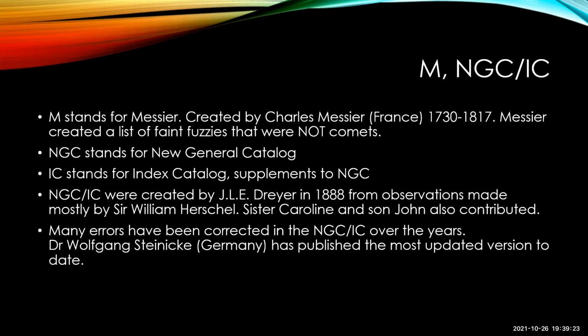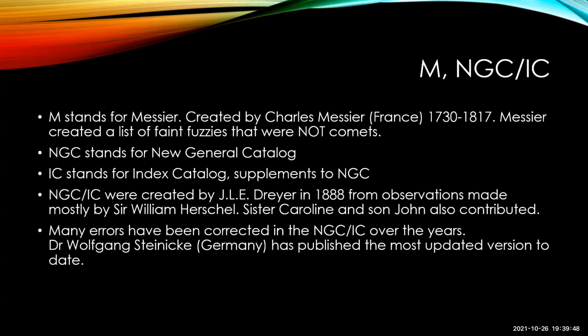He was kind of unique in that he was looking for comets. So he created a list of things that he kept seeing that were not comets, and those are our Messier objects. His original list has changed a little bit since the beginning, but now we pretty much agree that there are 110 objects in the Messier list.